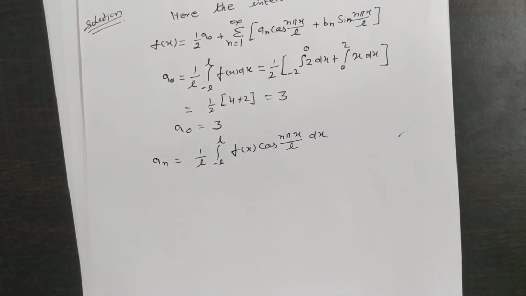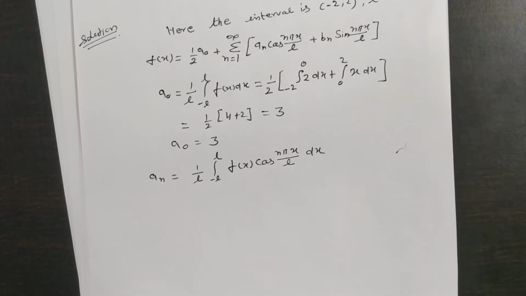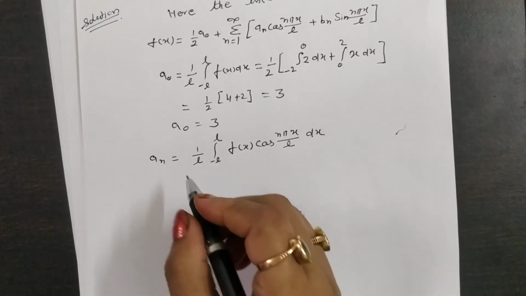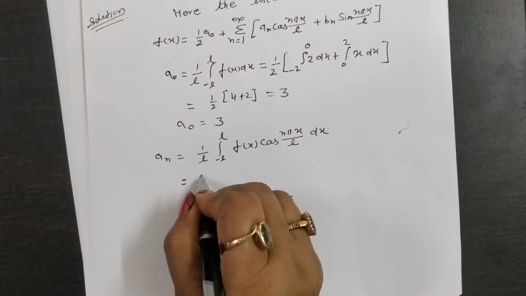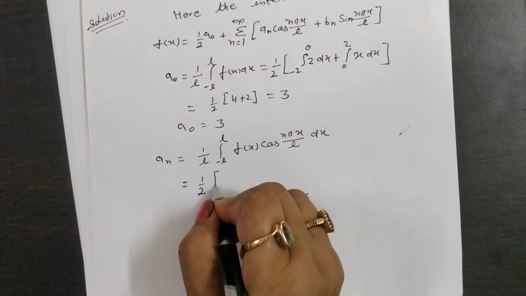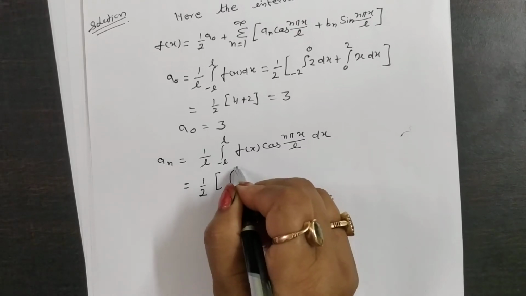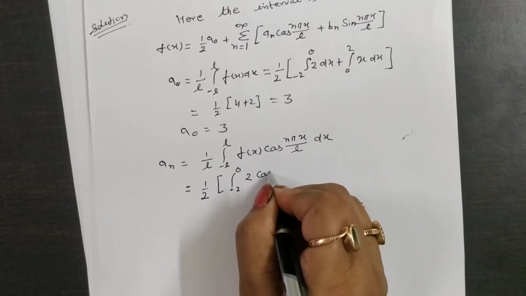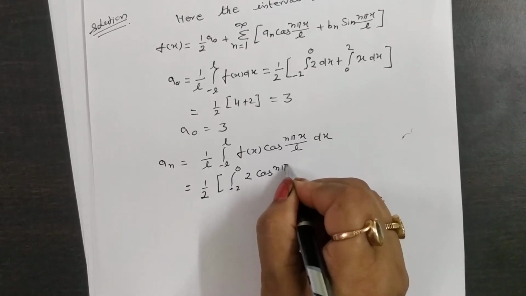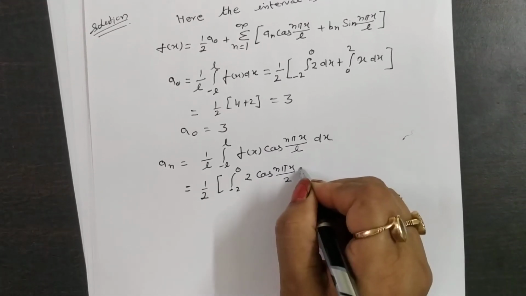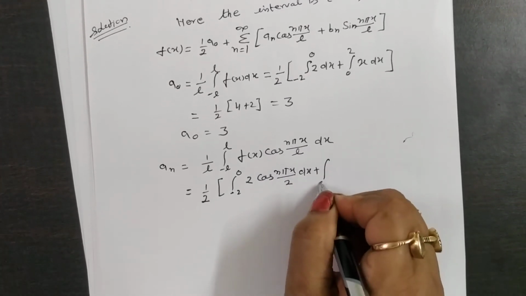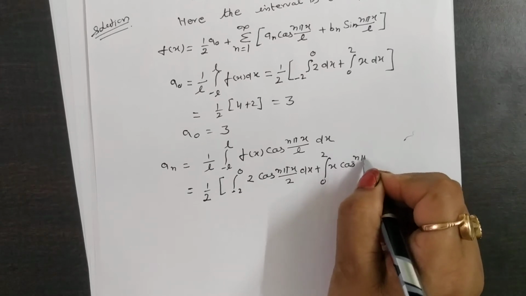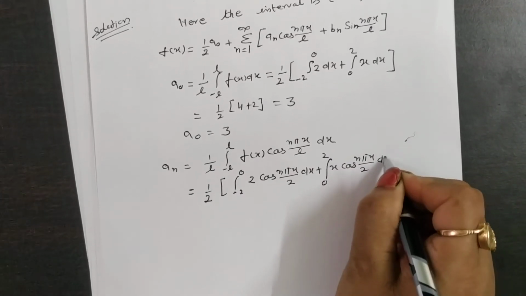Breaking it into minus 2 to 0 and 0 to 2, this is 1 by 2 times the integral from -2 to 0 of 2 cos n pi x by 2 dx plus the integral from 0 to 2 of x cos n pi x by 2 dx.